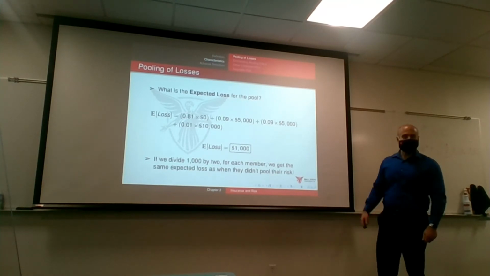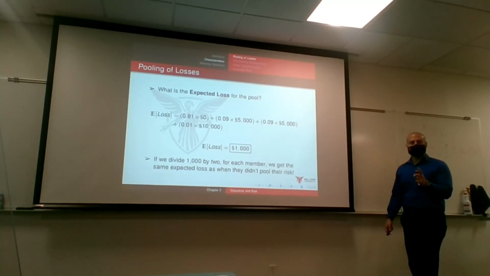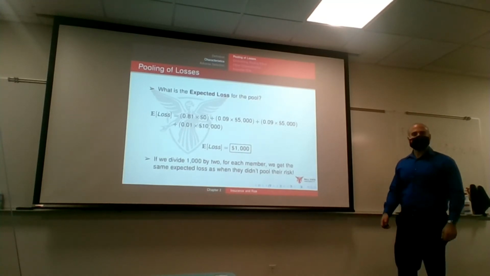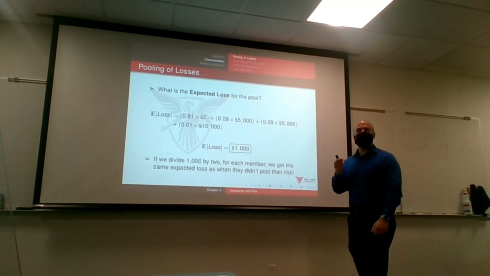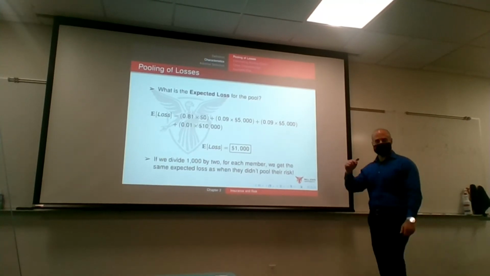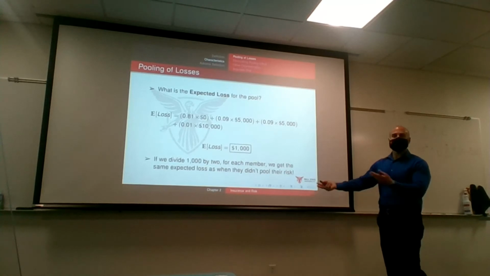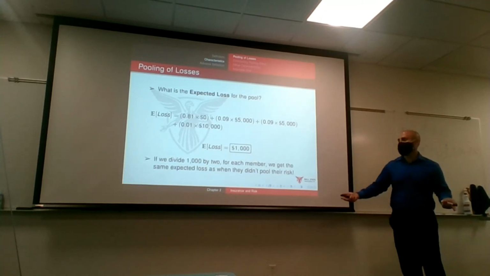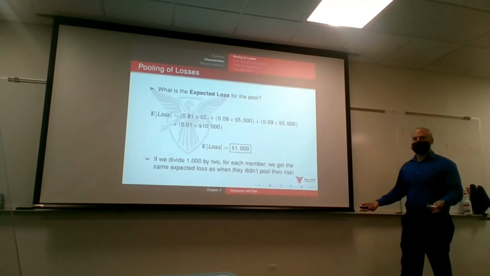So as we increase n, we see the expected loss go up linearly. So if it's 500, we go to 2, it's 1,000, 3, it's 1,500, 4, it's 2,000, and so forth. So it's linear. Okay. So did they gain anything? Did they reduce their expected loss per person? They did not. They will not. It's not going to happen.